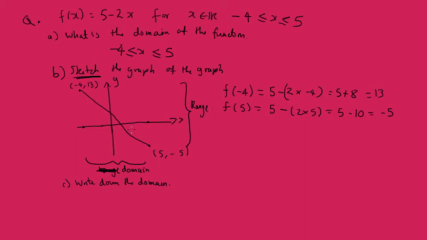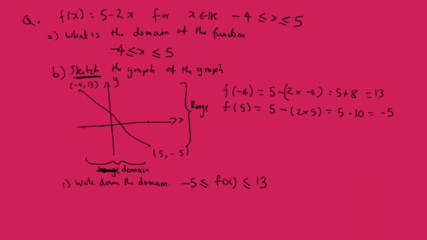What is our minimum value on the range? It's minus 5, less than or equal to f of x, and the maximum value we have here is 13, less than or equal to 13. So for this function in this domain, the range is this, and within this domain and this range, this is what the function looks like, but it's a straight line, not a squiggly line. Use a ruler.